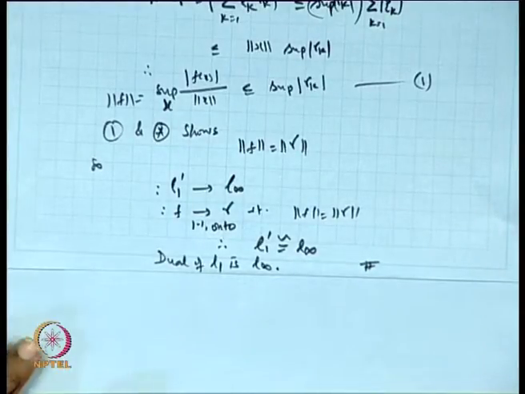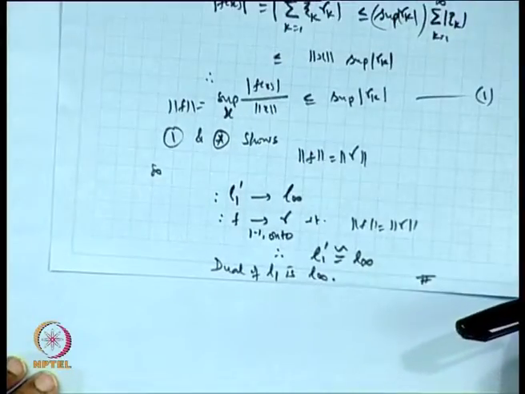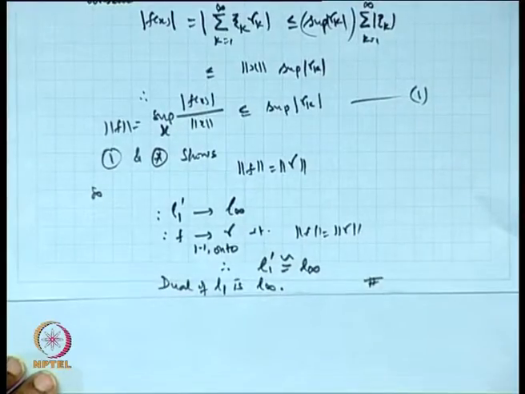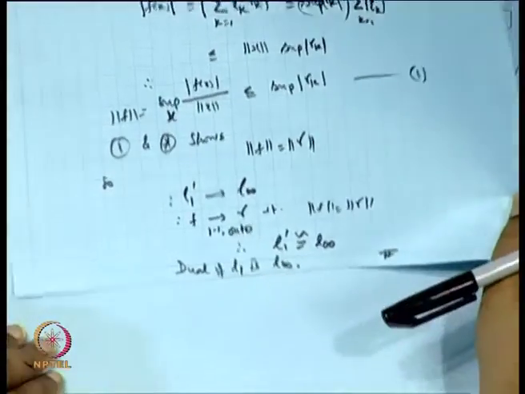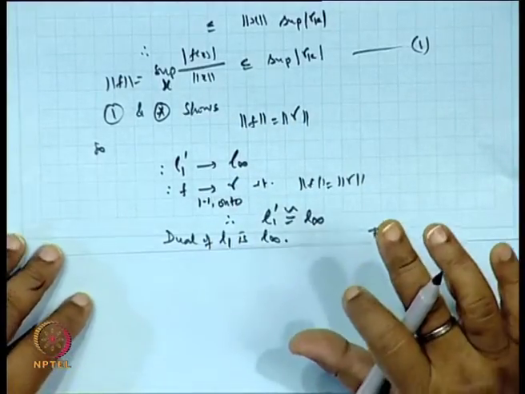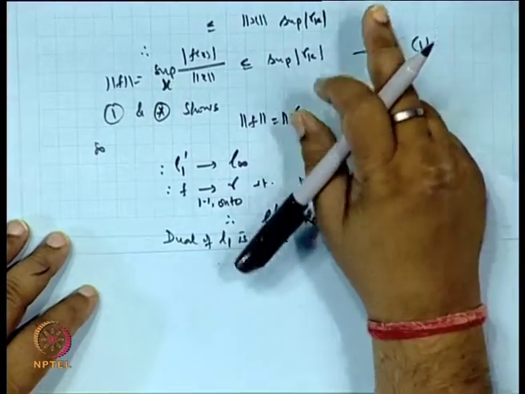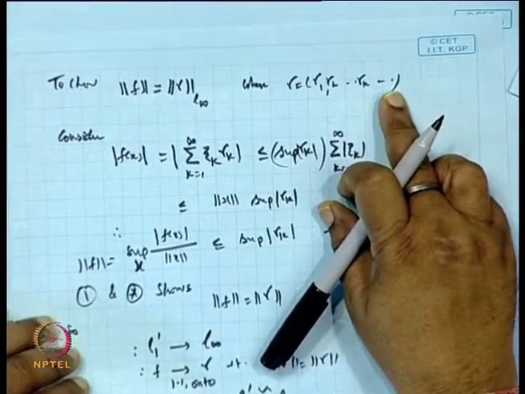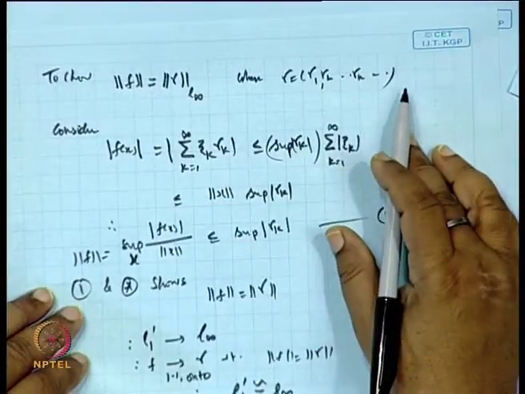Now, we go for LP. In case of the LP, the lines of proof are the same, except the part where we wanted to show the sequence gamma, because here gamma 1, gamma 2, gamma n, unless the supremum is finite, you cannot say it is a point in L infinity.